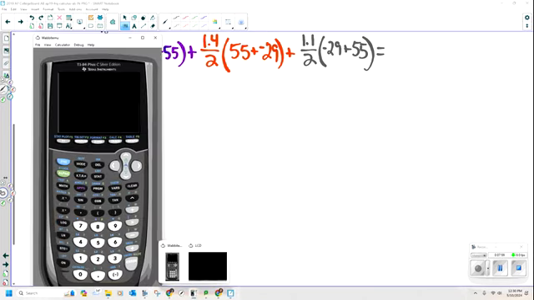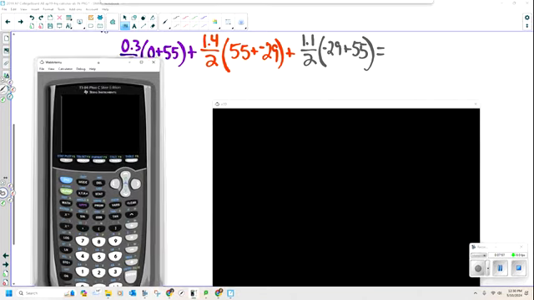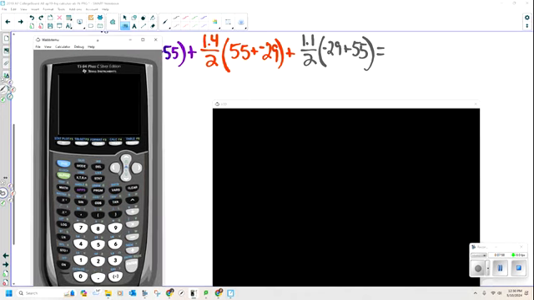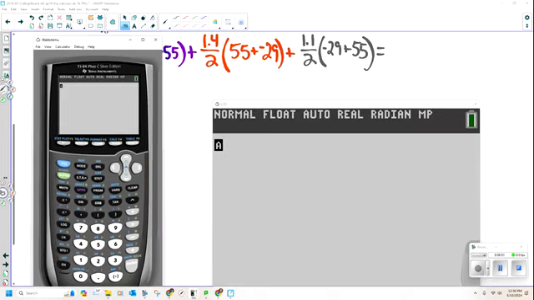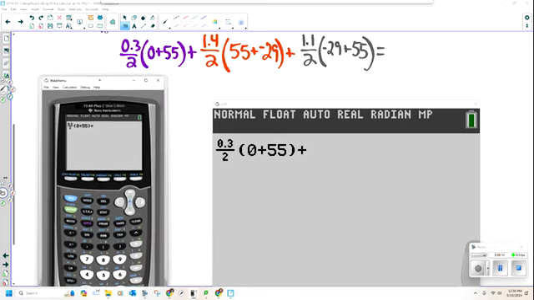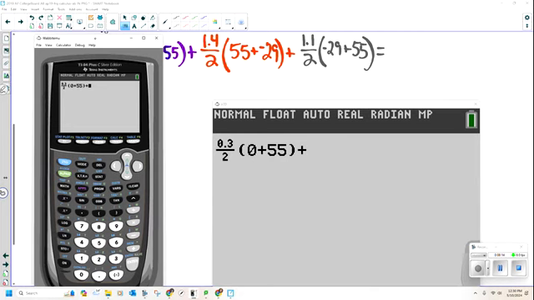Bam, bam, bam, bam. All right, so this is going to start. Okay, turn this on. We can use fractions. Why not? 0.3 over 2. And we're going to add 0 plus 55. Plus, let's make sure we got that right. We did. The next thing is we have another fraction, which happens to be 1.4 over 2.